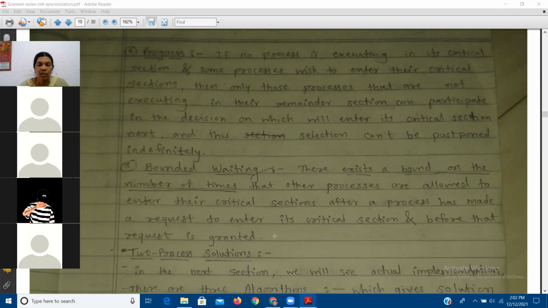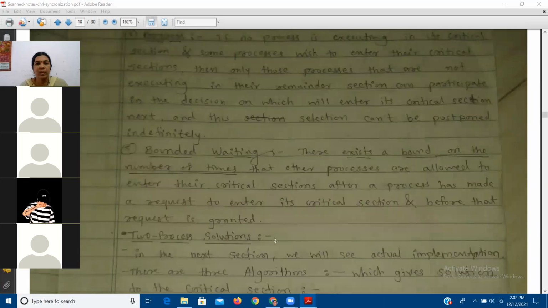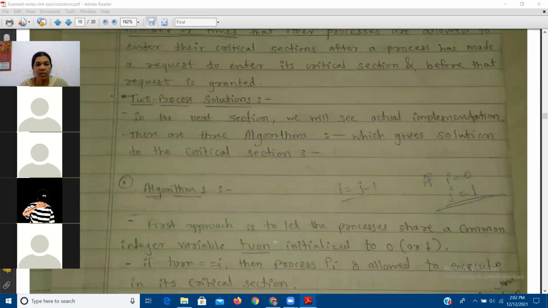Okay, so these are the three basic requirements that should be satisfied by the solution. Now we'll discuss the solution.